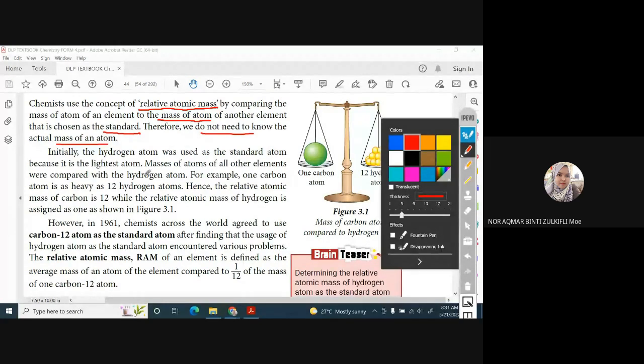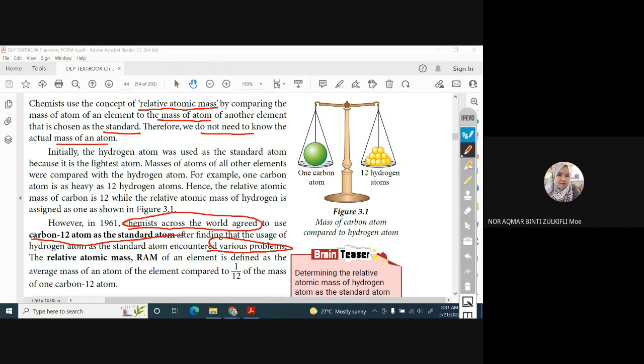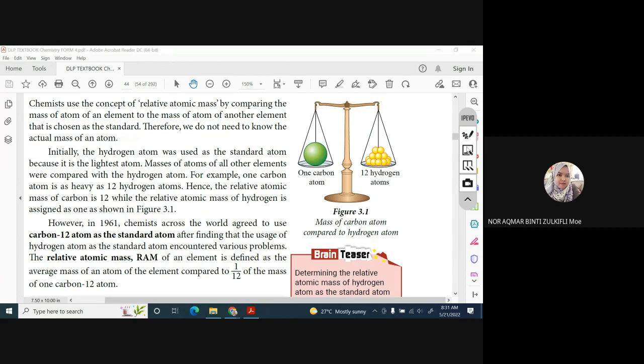But finally, since the chemists made experiments and all chemists across the whole world agreed, they agreed to use carbon-12. Why? Because hydrogen had various problems. This is just history. Why did they choose carbon as a reference? I think you can read this one on your own.